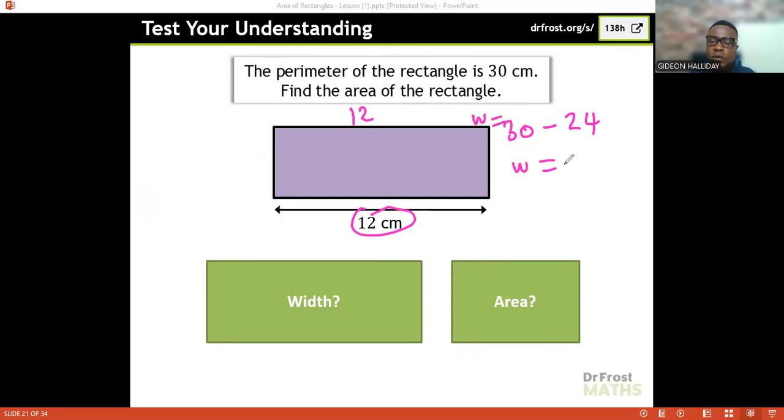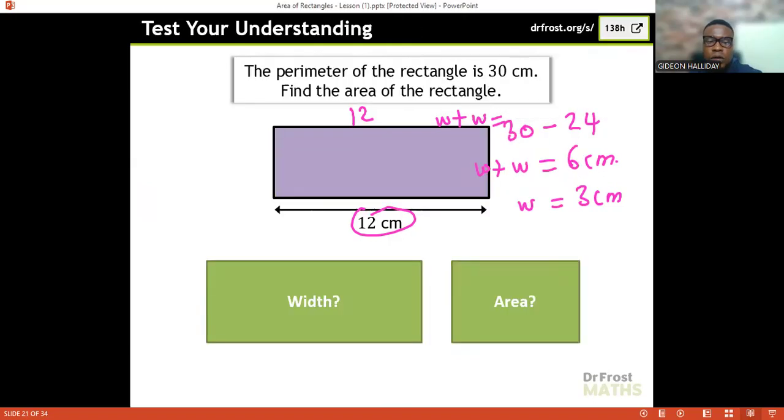That's 6 centimeters. No, that's not the width actually. It's width plus width. So to find only one width, you have to divide this by 2. So W equals 3 centimeters. So that's the width. The width is 3.